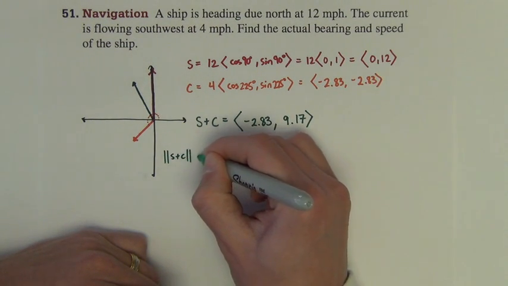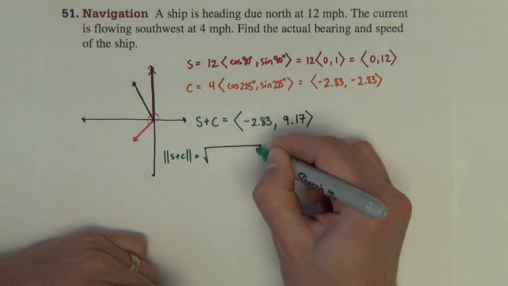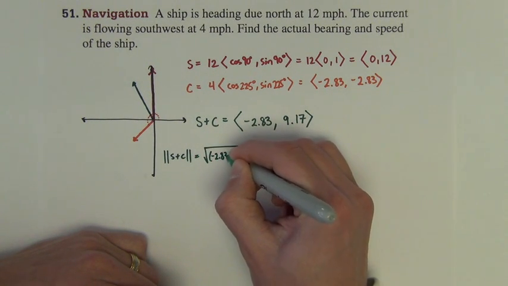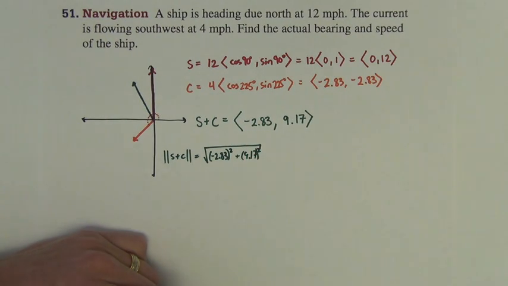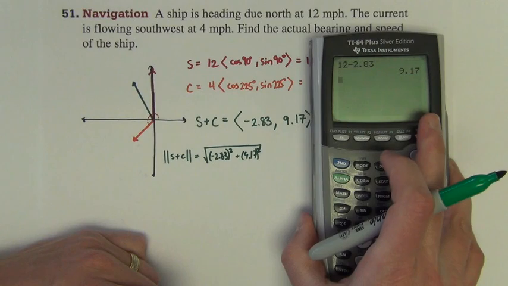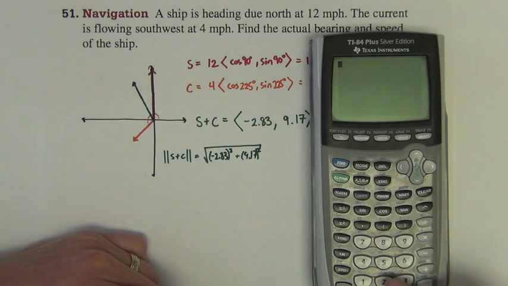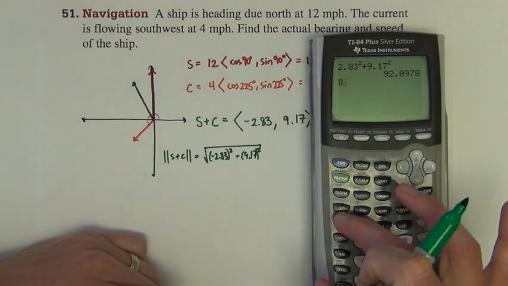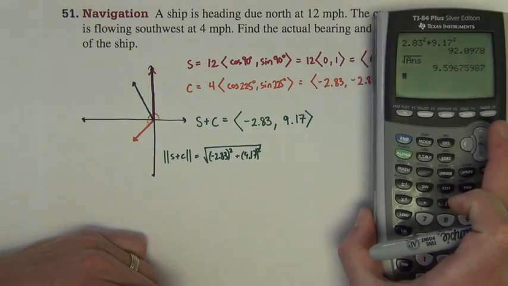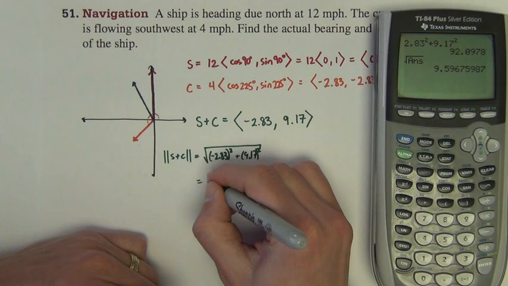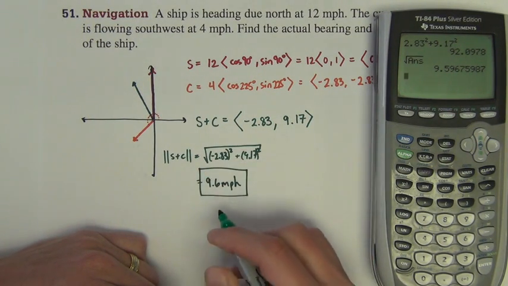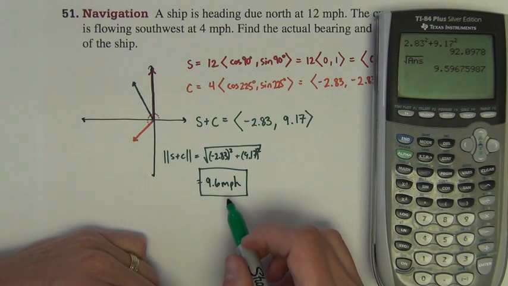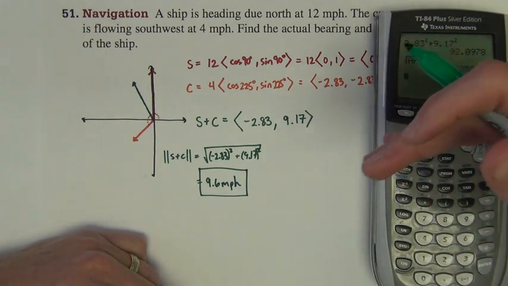So let's do the speed first. It's the magnitude of the resultant. So I want the square root of negative 2.83 squared plus 9.17 squared. So you can see that done here. So 9.6. So that's the actual speed of the ship with the current kind of pushing against it.